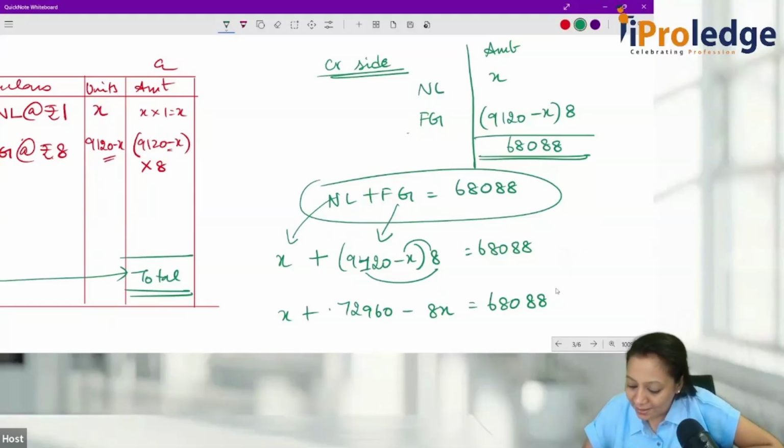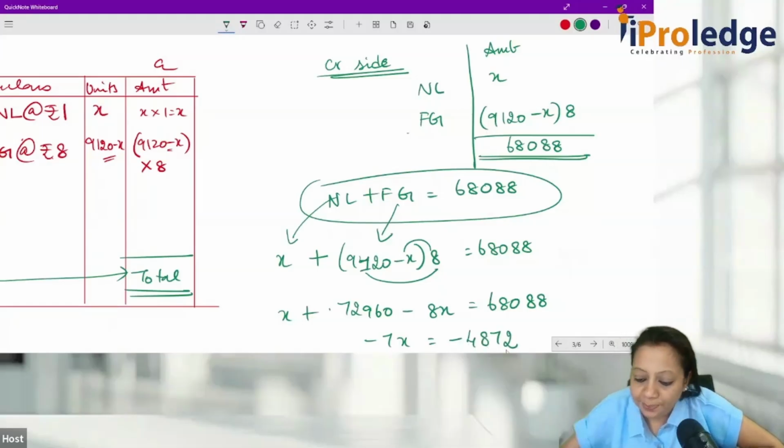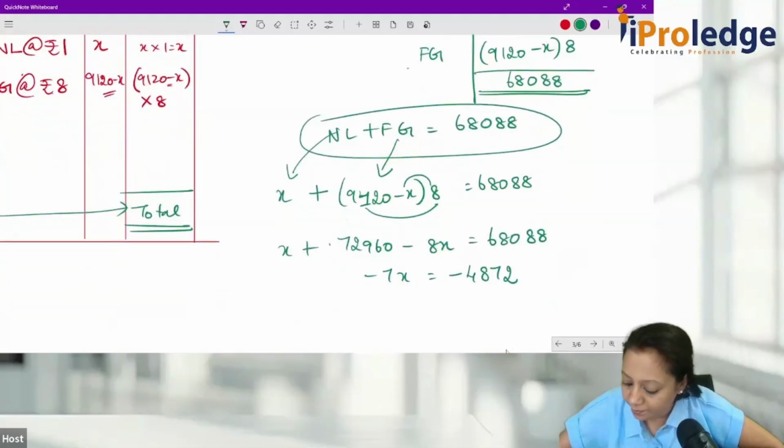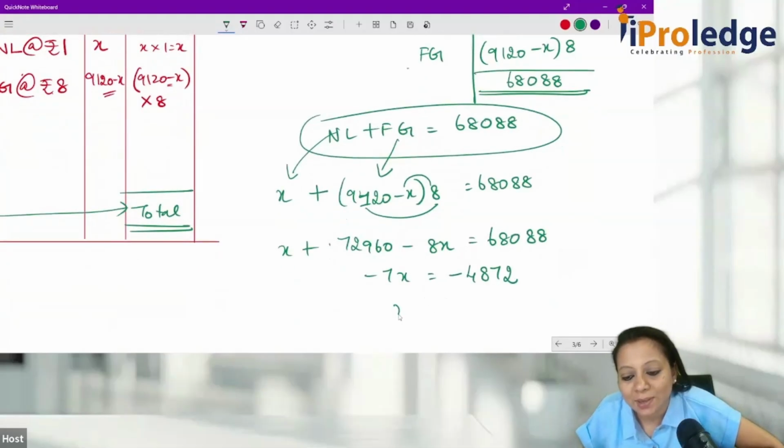Okay. So 68088 minus 72,960. We will get 4872. So minus 7x is equal to minus 4872. Are we getting 696? X is equal to positive 696.